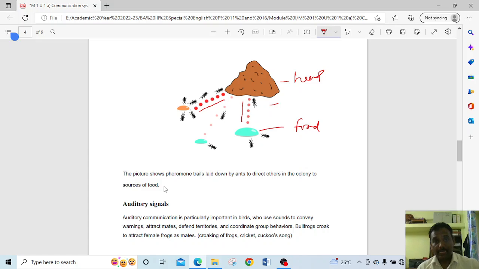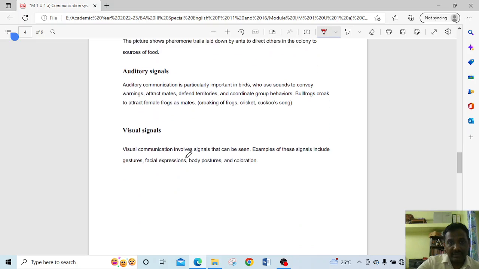So they drop pheromone towards the eatables or the source of food, so that all ants could go straight in this direction. So these are the trails that are left by the ants which find the food. So this is one example.